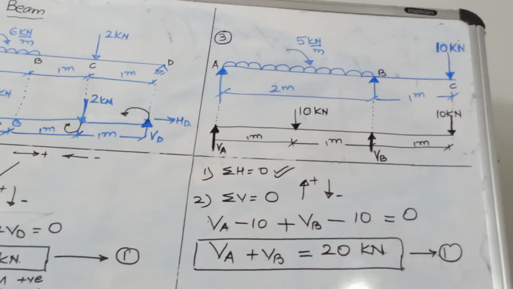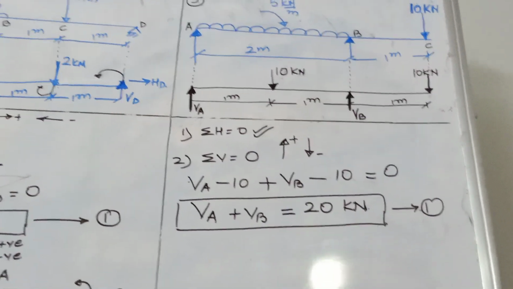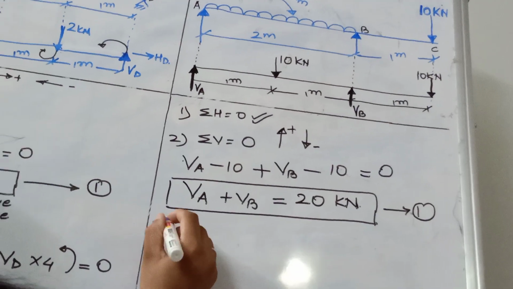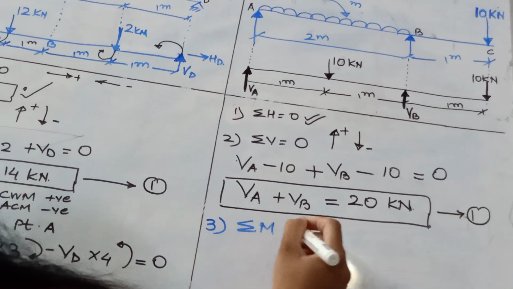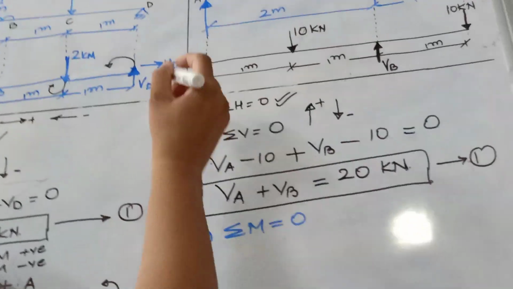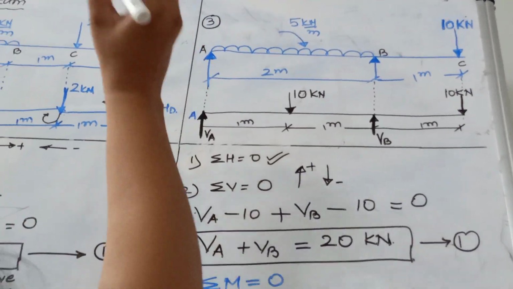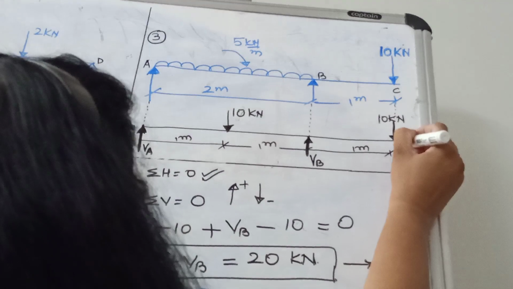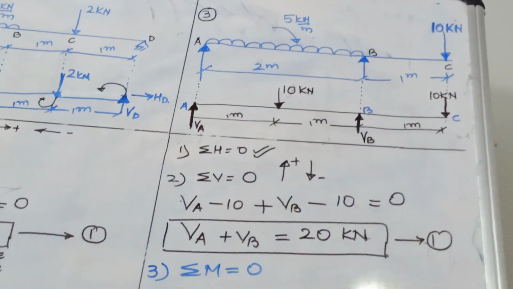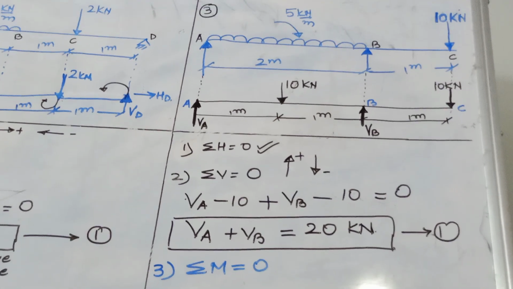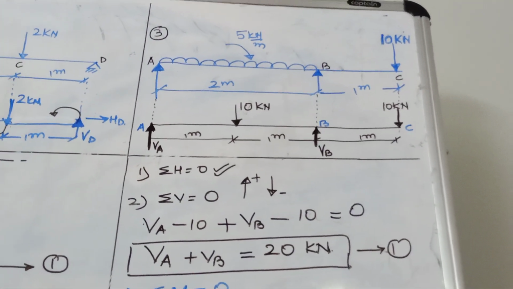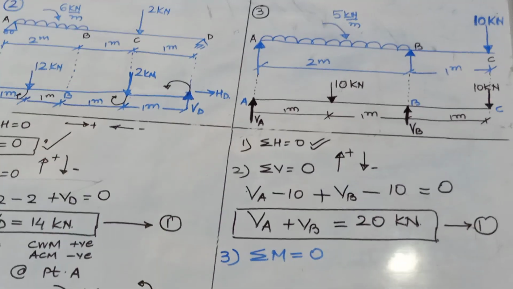Now we apply our third condition of equilibrium, that is sigma moment is equal to 0. Where will we take the moment? We can take the moment at point A, or at point C, or at point B, because in overhanging beams the moment is 0 at the supports as well as at the free end.